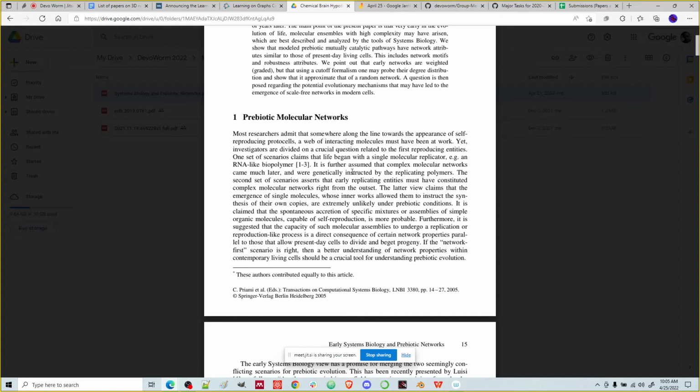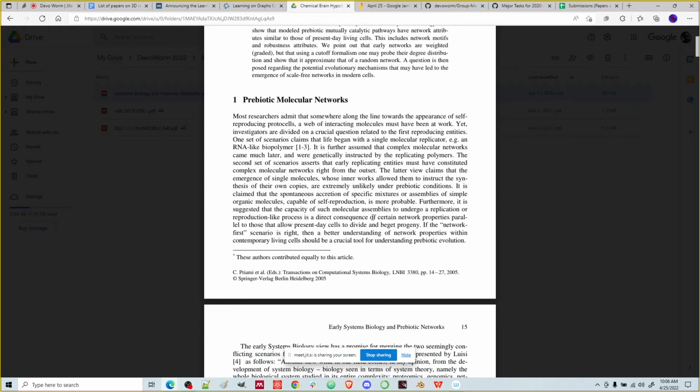So there's some gap in between these biopolymers and these very complex metabolic networks that we have today. And so they're trying to model this lost period. And so they want to understand if the network came first or if other things came first.